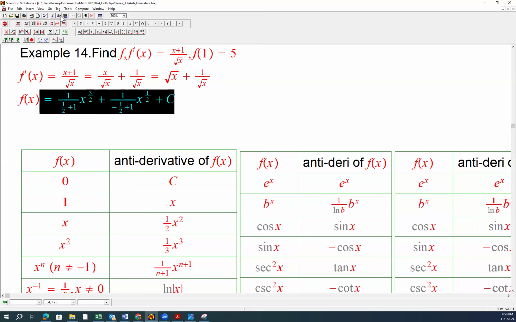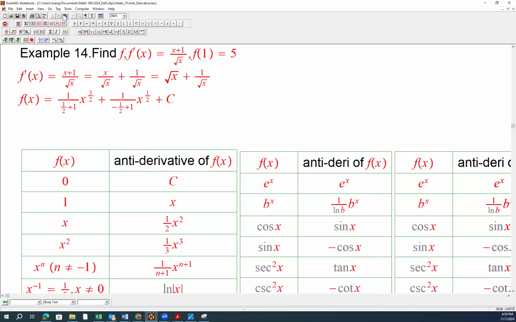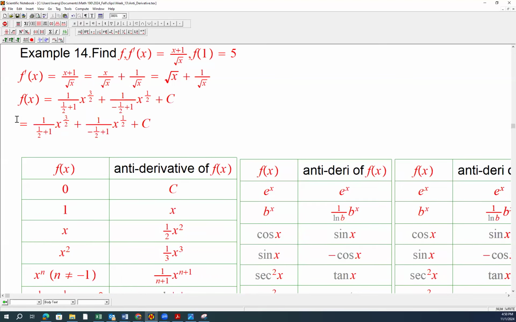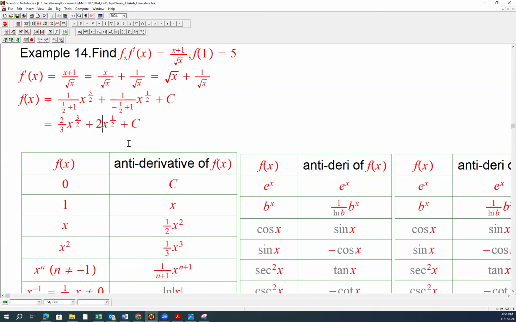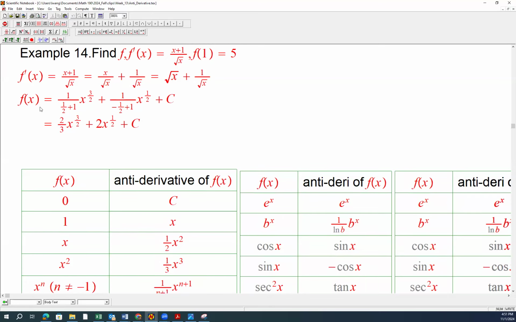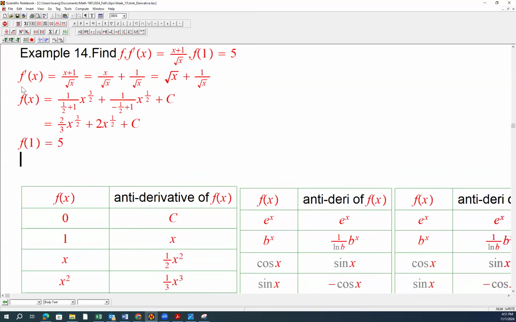Simplify. So this is 3/2, and 1 over 3/2 is 2 over 3. And this is going to be 2. And then we're going to plug in this number, f of 1 equals 5.